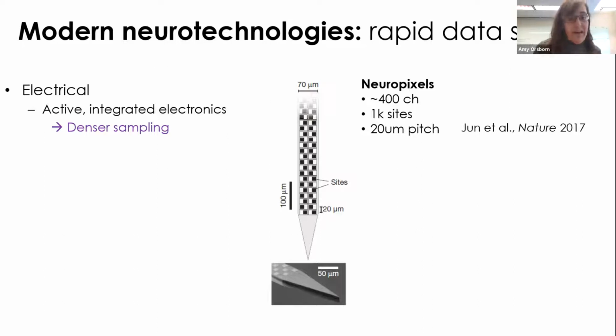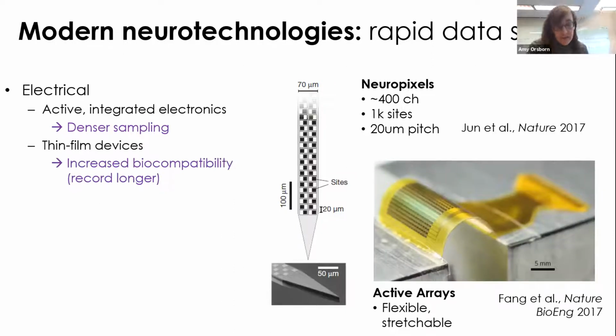And so instead of recording from just a couple of neurons, we can record many, many neurons all around that single wire that we're putting in the brain. By using advanced material science, these probes are getting thinner and smaller, so we can pack them more densely, and that increases their biocompatibility, so you can make these measurements for longer and longer periods of time in the brain.